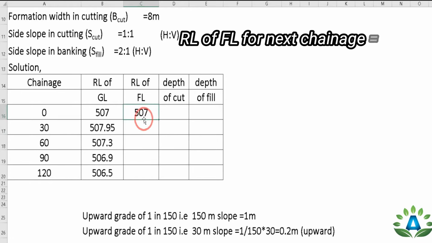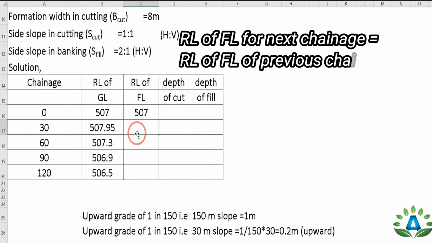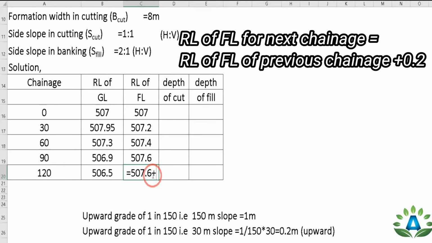The RL of the formation level at chainage 0 is 507, and to get the RL of the formation level at chainage 30 we take the RL of the previous formation level, 507, plus 0.2 because it is an upward grade, so we get 507.2. At chainage 60 we take the previous formation level, 507.2, plus 0.2, so we get 507.4. The same method again: previous formation level 507.4 plus the upward grade of 0.2, so we get 507.6, and again the previous formation level plus 0.2. So here we have got all the RLs of the formation level.